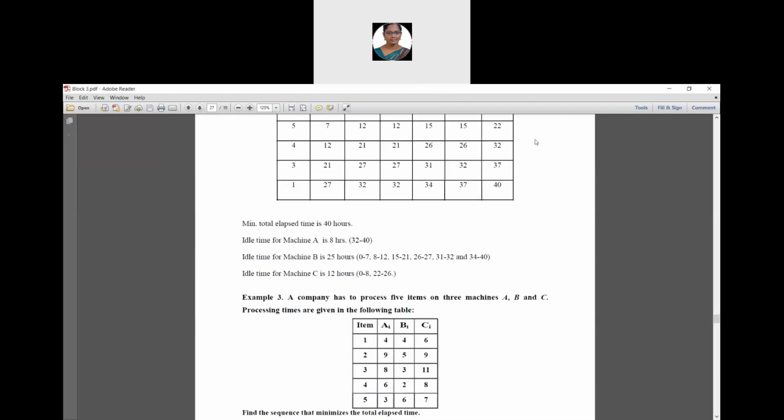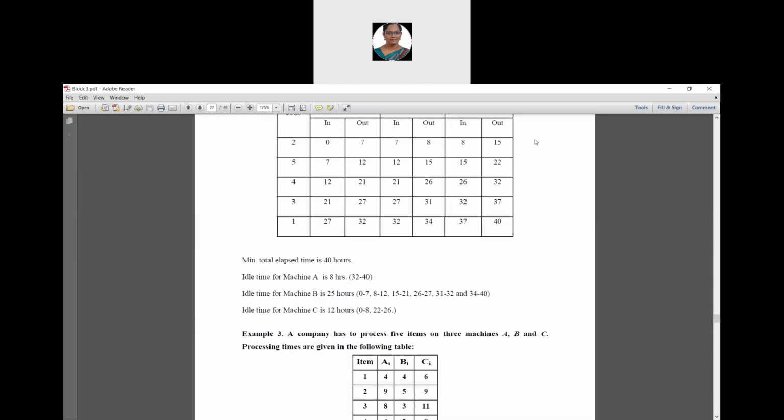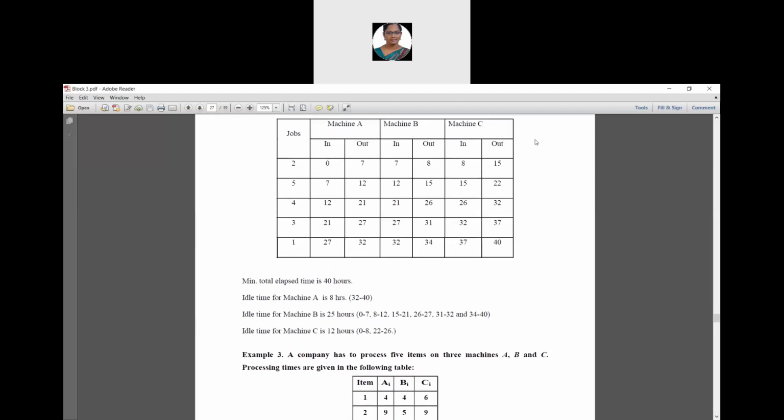Okay, then the minimum total elapsed time. It is the last machine's last out value. The last machine is machine C. Its last out value is 40. So 40 hours.